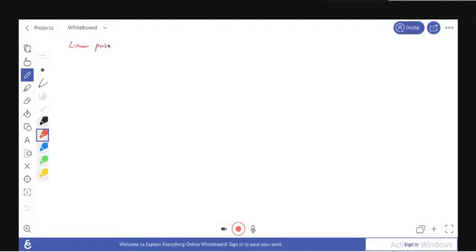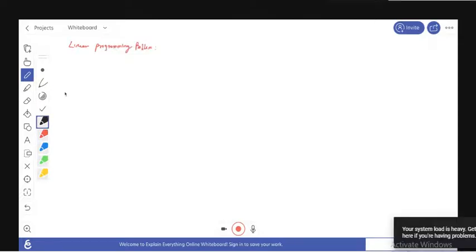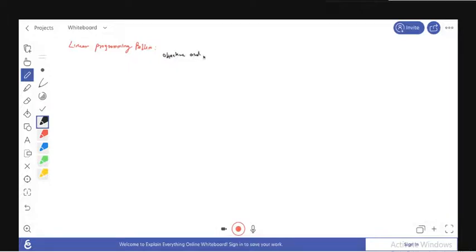Linear programming is another important class of optimization problem in which the objective and all constraint functions are linear.